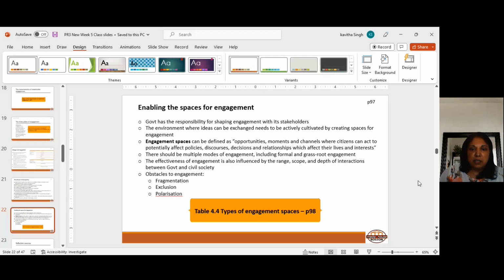Now, in this instance, when we say closed spaces, maybe your boss is sitting with his boss in an office and they are making decisions about your department that you manage. It is excluding you in terms of that conversation, right? And it is not done through a consultative process.